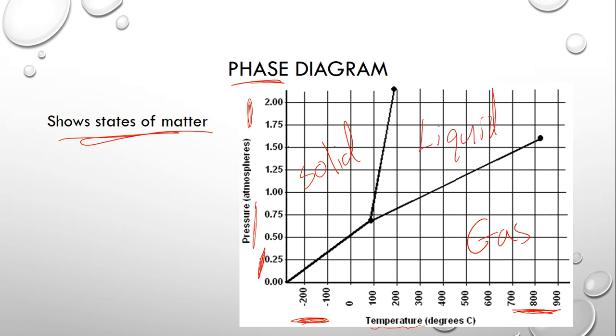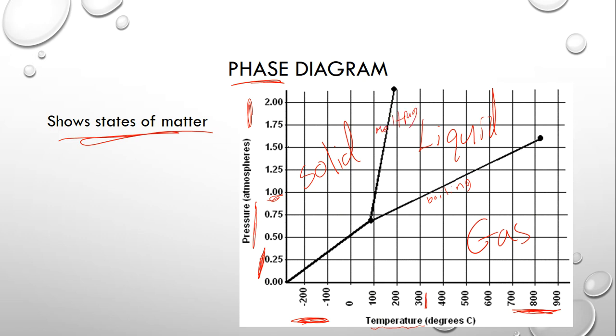So we did all this to show that at a certain pressure and temperature, you'll be able to figure out whether it's a solid, liquid, or gas. This line that goes between liquid and gas represents boiling, and this line between solid and liquid would represent melting or freezing.